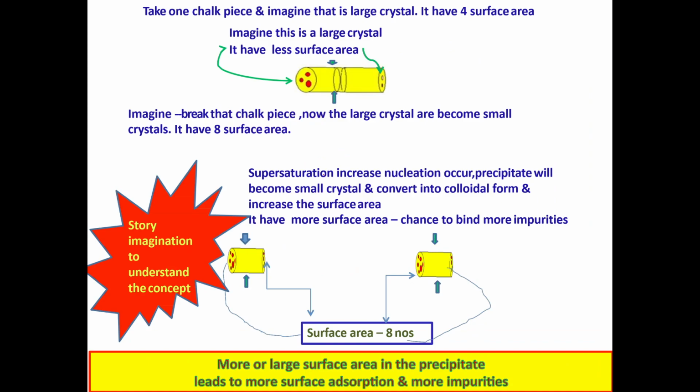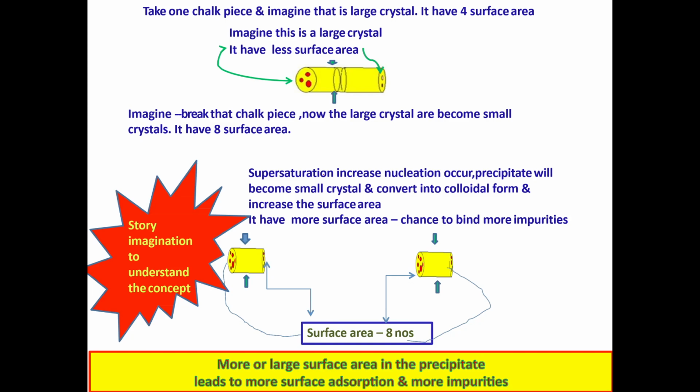This is the example. You can imagine the crystal, the large crystal. The large crystal has a small surface area. If you break the piece into two pieces, what happens? The crystal becomes small and the surface area is increased.